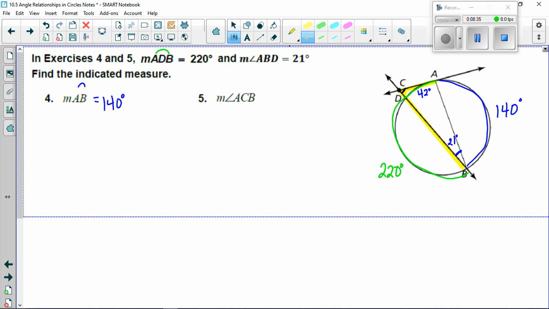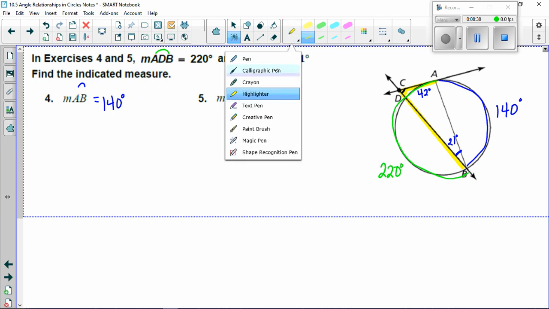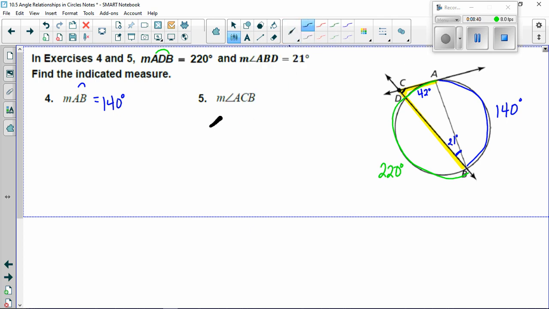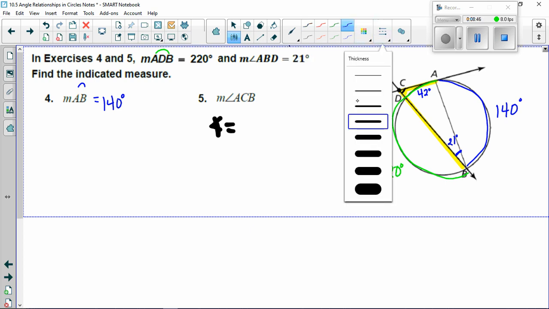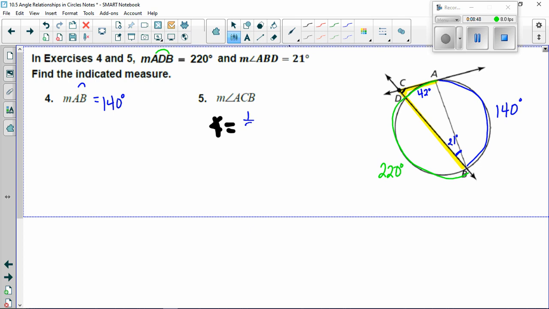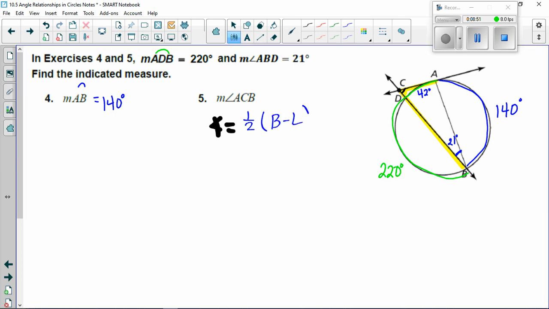So notice it's outside. Since it's outside the circle, we have to use the formula. The angle is half of the big arc minus the little arc. So if you're looking at how it stretches across, here's the big arc, 140, minus the little arc, this little piece right here, which we figured to be 42.